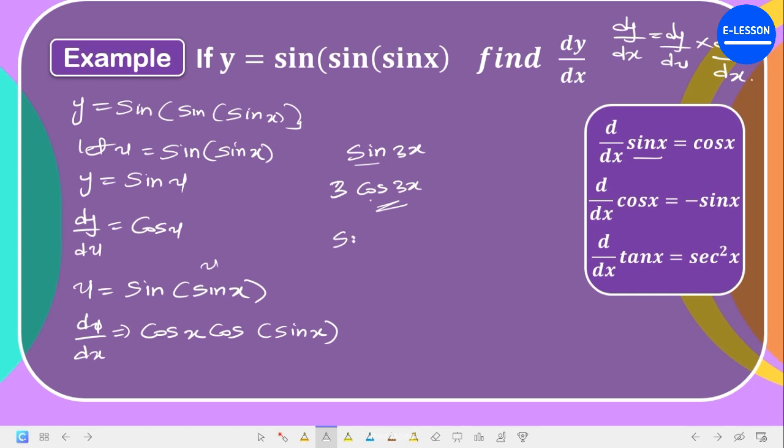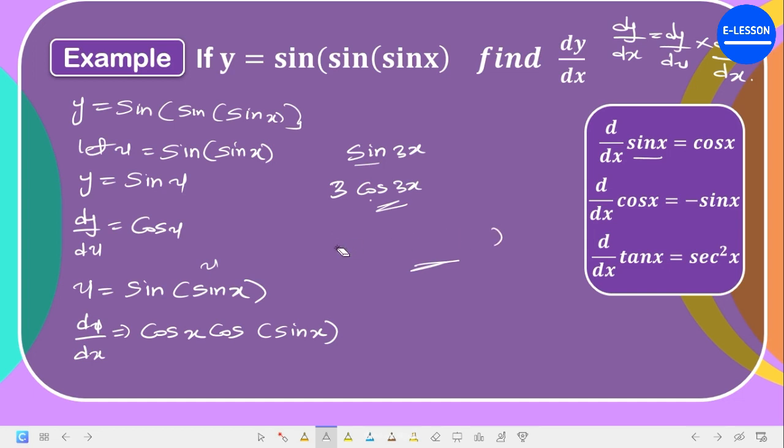If you differentiate sine x, it will give us cos x. Then cos of what is our 3x? We said our 3x is sine x. So here will become sine x. And that was how they got this.